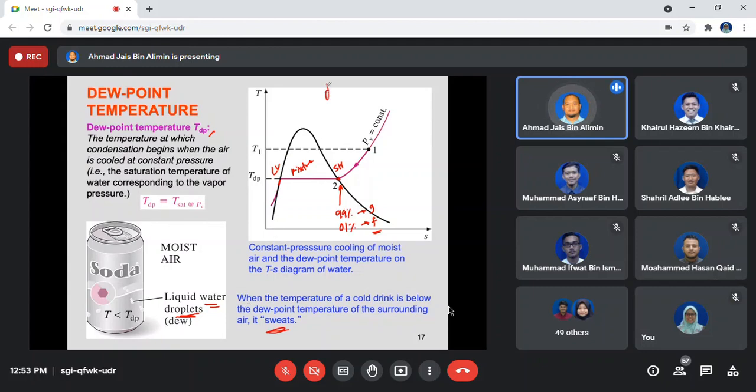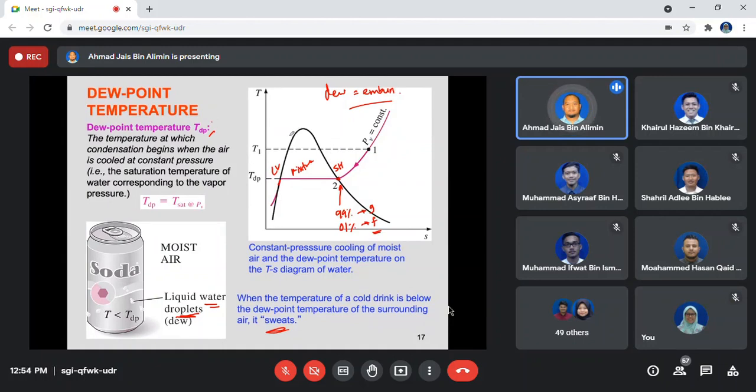In Malay, dew is embun. So if you wake up early in the morning, at 6 o'clock or maybe around 6 to 7:30 in the morning, if you touch the leaves on the trees and they feel wet, because of the dew, it means the temperature at that time is the dew formation temperature, or dew point temperature.